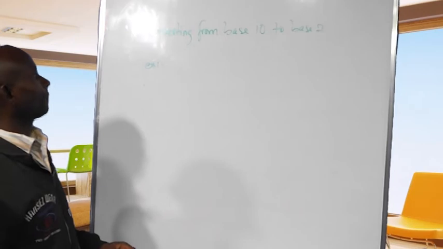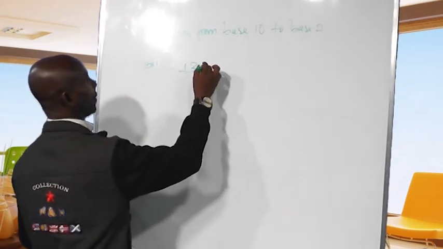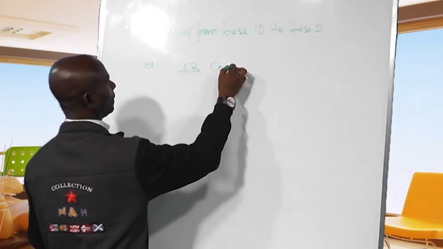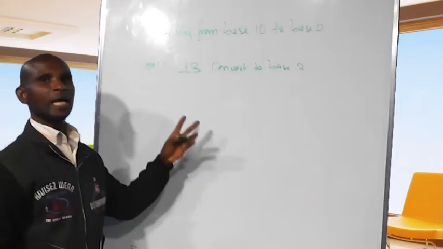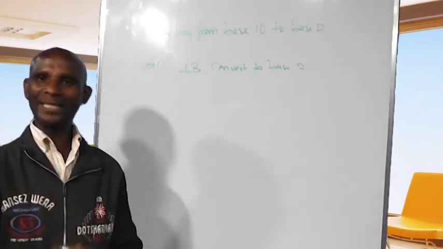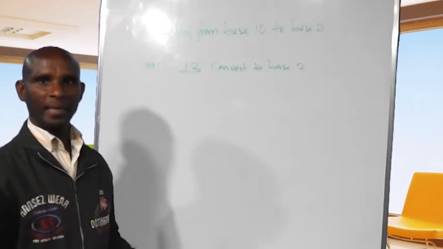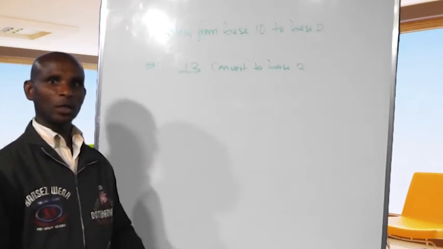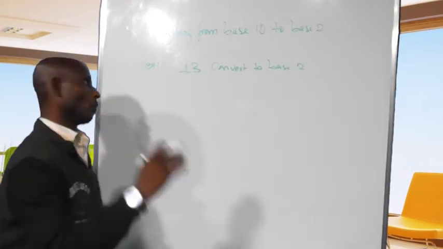If we are given a number, say 43 base 10, and we are asked to convert it to base 2, what we do here, we do continuous division by 2 and put down the remainder. At the end of our division, where we discover that there is nothing for us to divide any longer, we take the remainder from the bottom up.